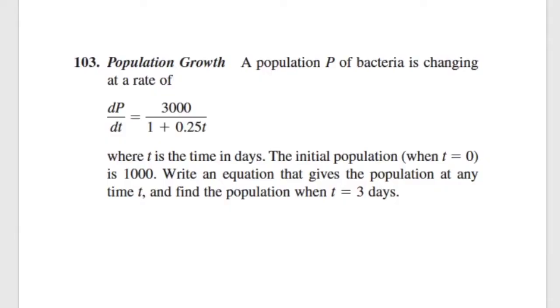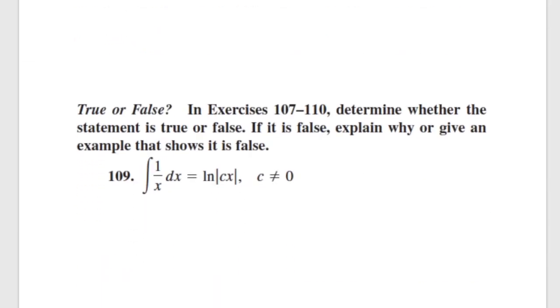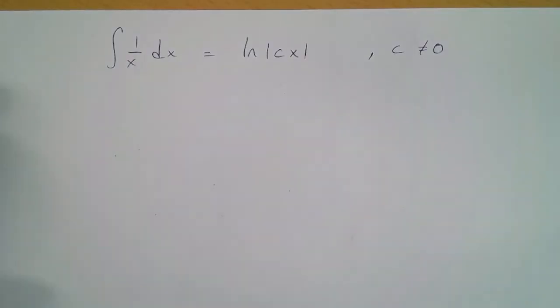The last exercise we will do in this section is the following. True or false, the integral of 1 over x dx equals ln of cx, c not being 0. I prefer to think of this exercise backwards, actually.